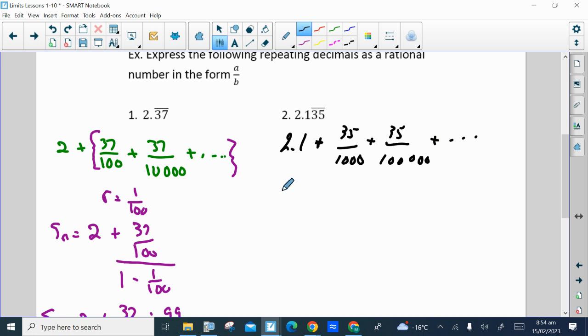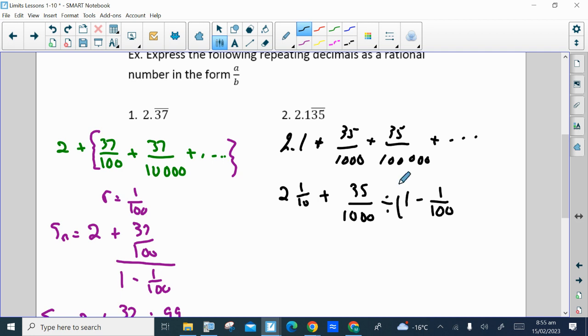So 2.1 will be 2 1/10 plus, now the rest of this will be a geometric series with the first term of 35 over 1,000, and that's divided by 1 minus r, the common ratio, which again is 1 over 100.